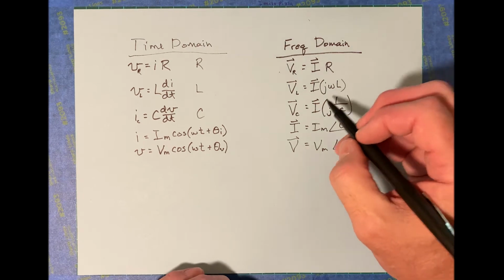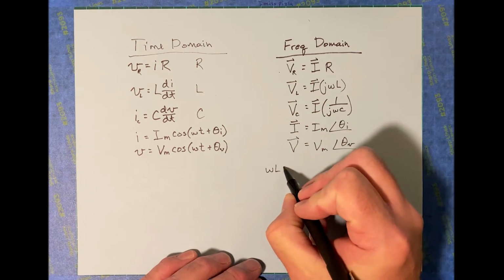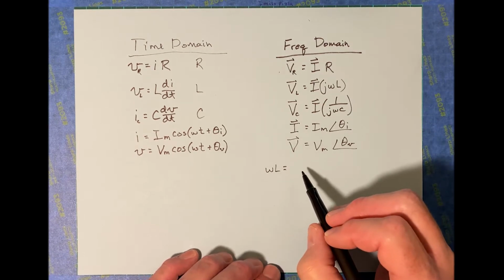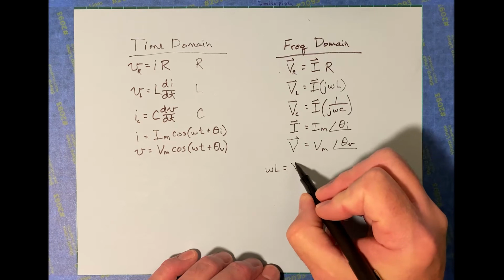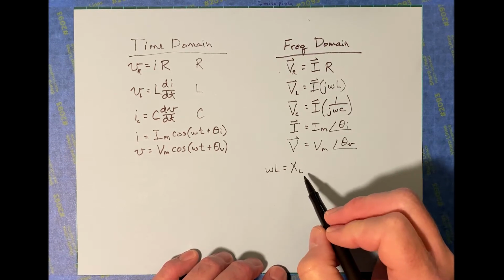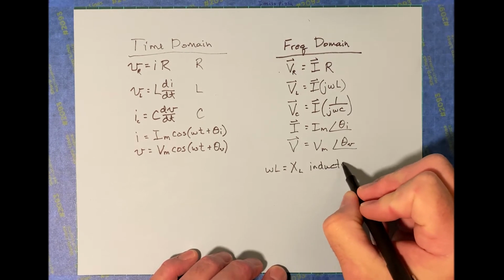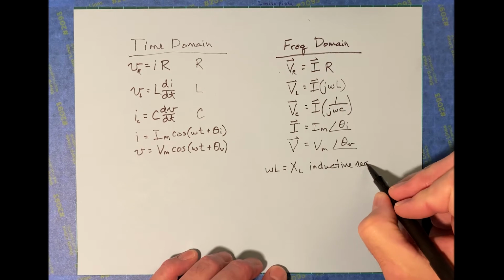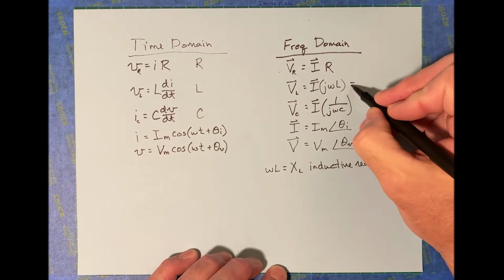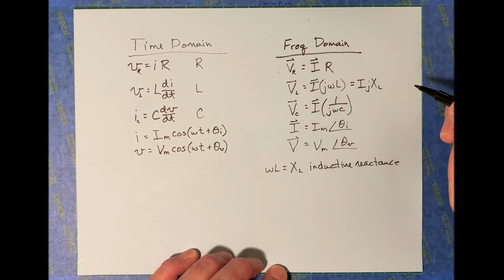A little bit of information. This omega L, that is called the inductive reactance, and it's symbolized as capital X sub L. So we could write this as I times j X sub L, like that.